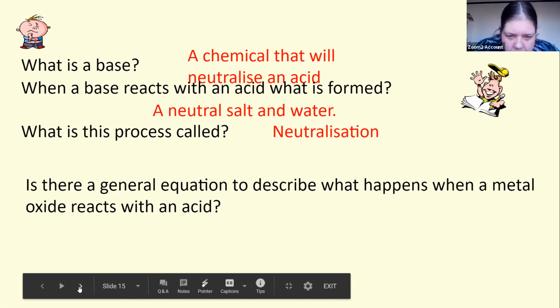Acid plus metal oxide forms... Some people are just putting the second bit. Yeah, that's fine. If you put your names in, guys, it means we can shout you out when you're getting it right, which is really good. So Margaret, fantastic, Margaret has got it right. Well done. Awesome.